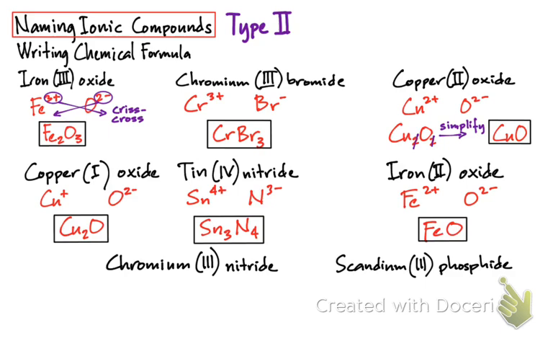So instead of Fe2O2, you would simplify that into FeO. Chromium 3 nitride, same thing, CrN. Scandium phosphide. Scandium is number 21 in the periodic table. It's Sc, and with a positive 3 charge, you have phosphide with a negative 3, so you can simplify this into ScP.